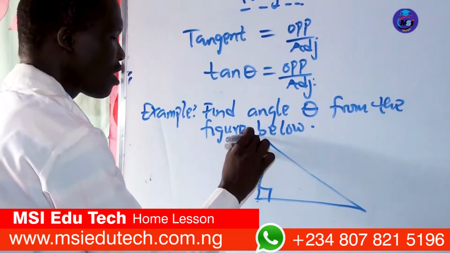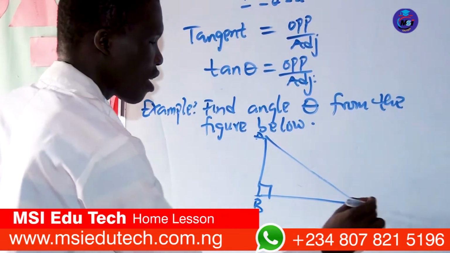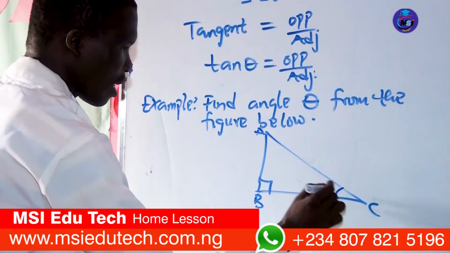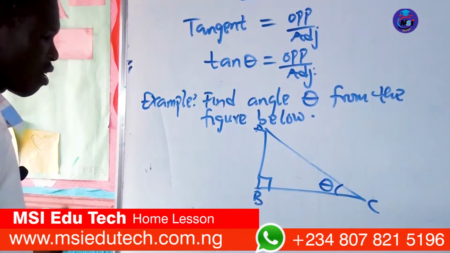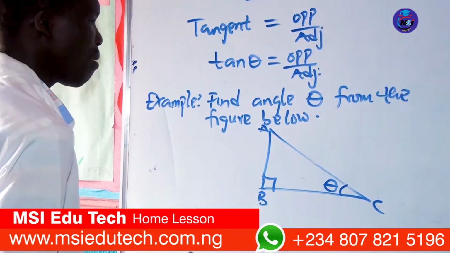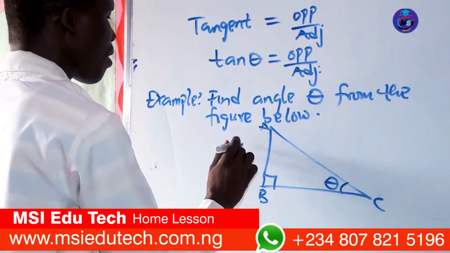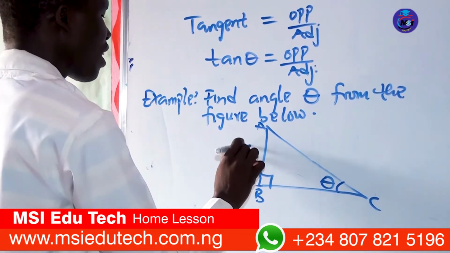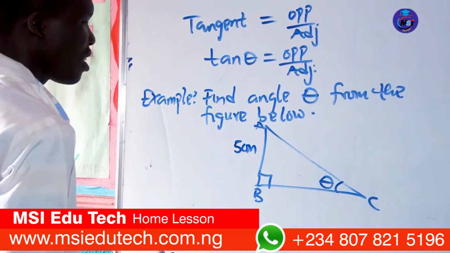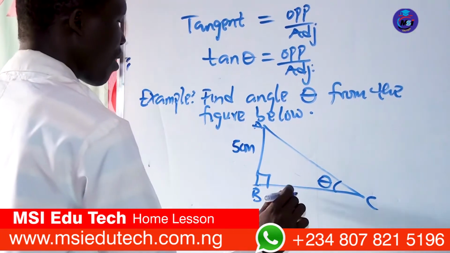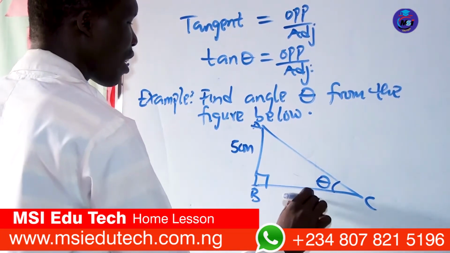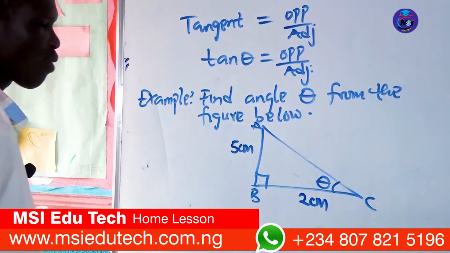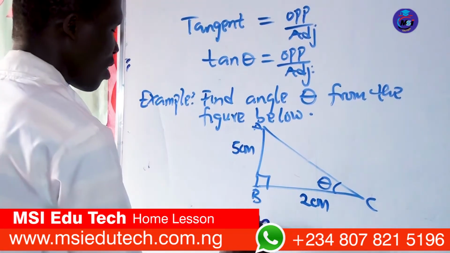This is A, B, and C, and this is angle theta. Now remember, if we have 5 centimeters here and we have 2 centimeters here, we want to find angle theta. Solution.